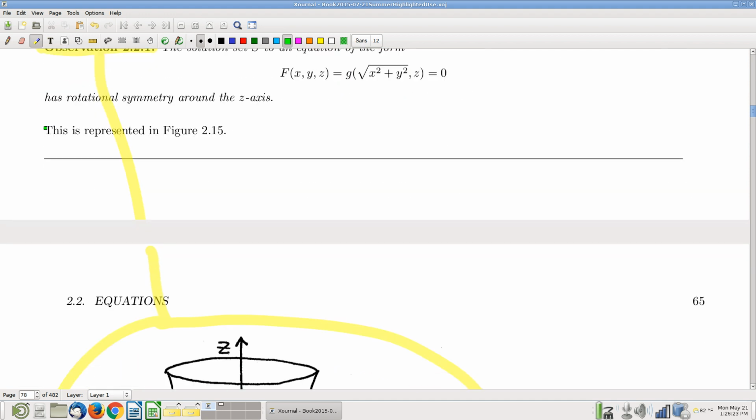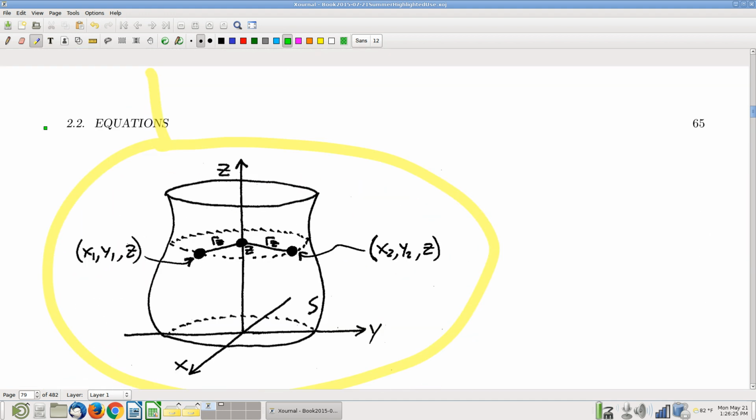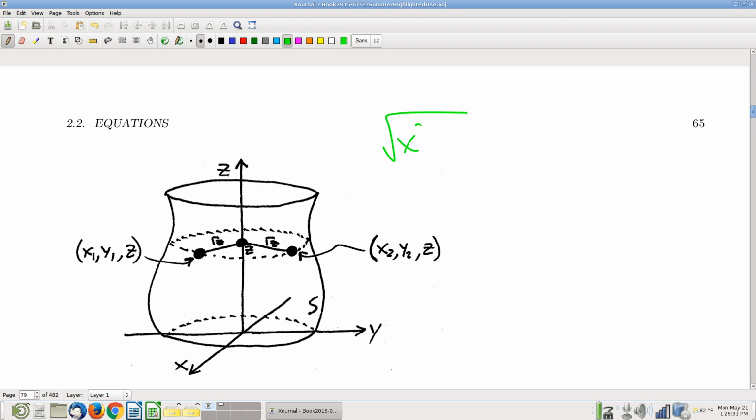Let me come down to the picture here. Keep in mind that, of course, square root of x squared plus y squared is distance to the z-axis. Right? It's that distance there.